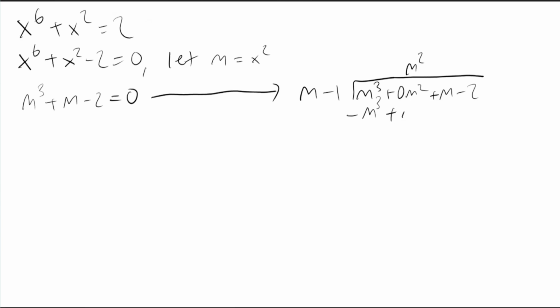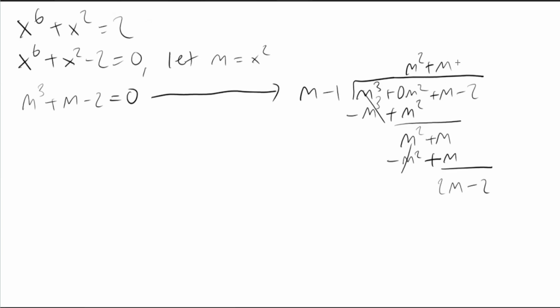Subtract that, we add m squared. So these cancel. So we have m squared plus m, and now we multiply by m to get m squared, so we subtract m squared. We're subtracting negative m, so we add m. These cancel, and we're left with 2m minus 2.